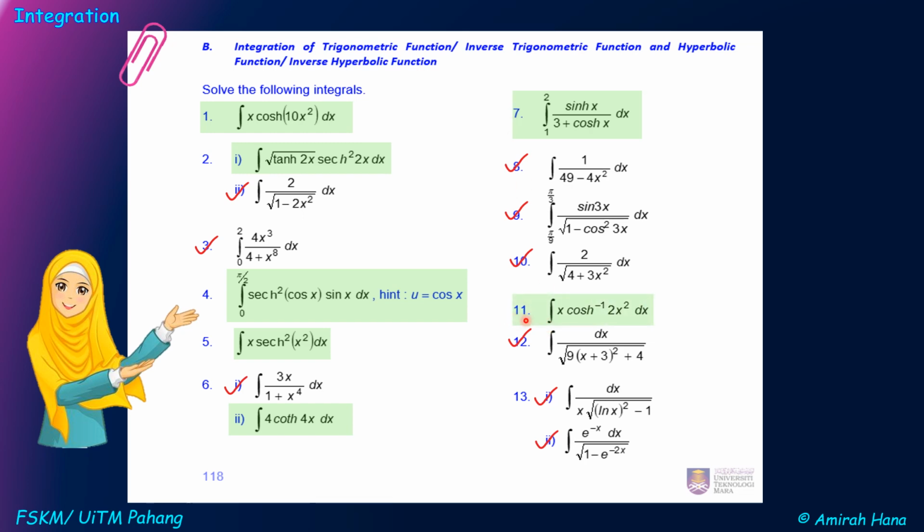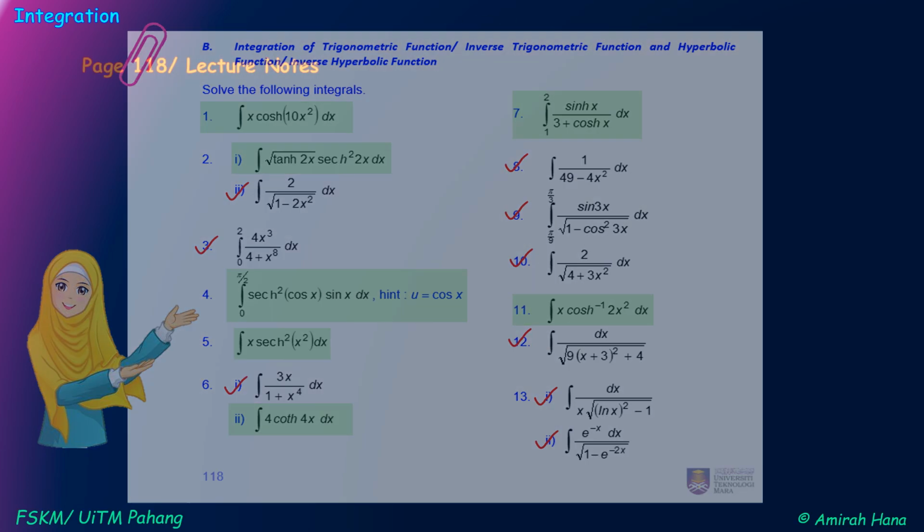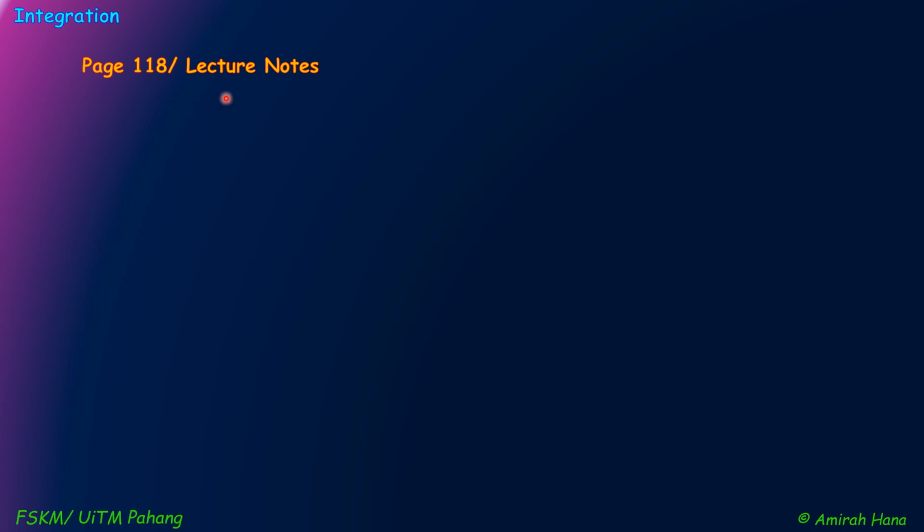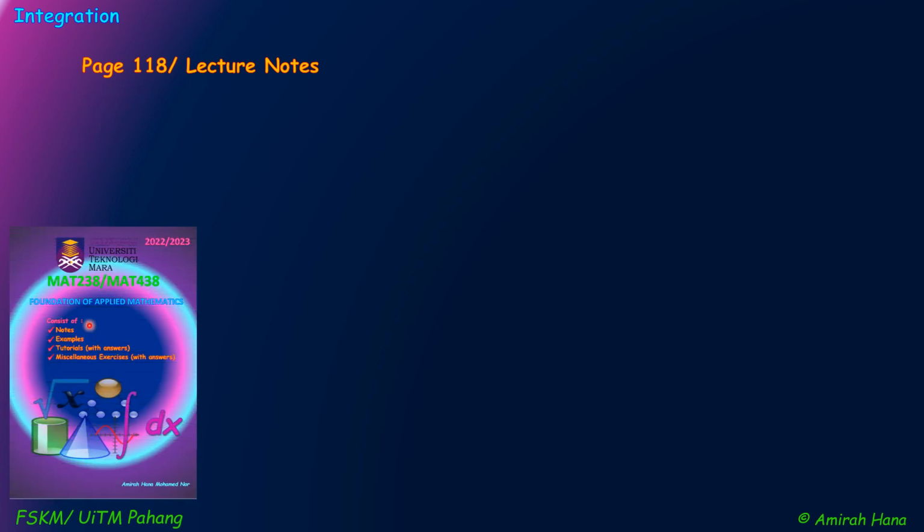Okay, ini from your book dalam page 118 under chapter 2. Okay, you refer from your lecture notes page 118 buku ni ya. Okay. So kita tengok question number 1 under integration.